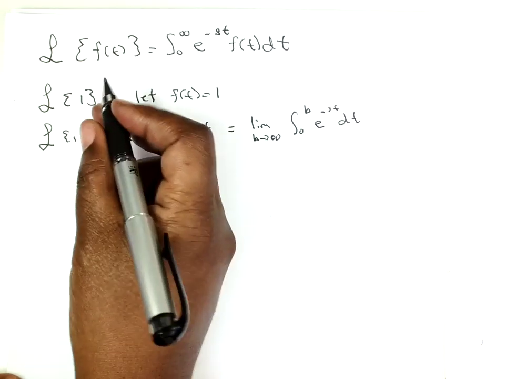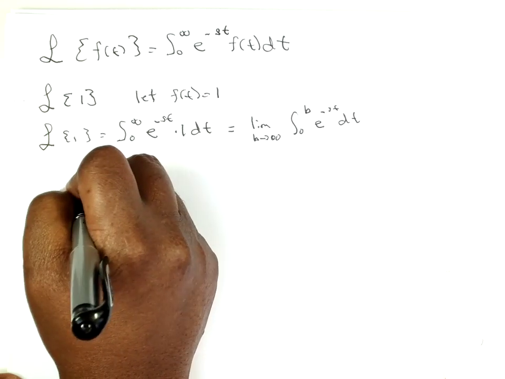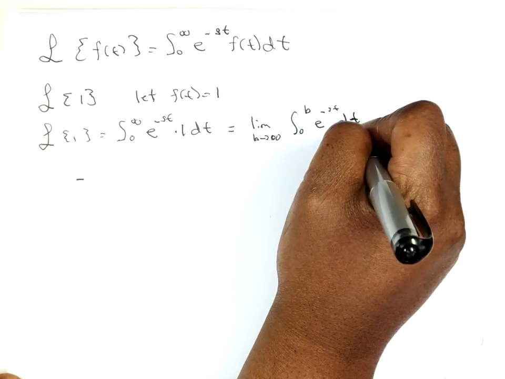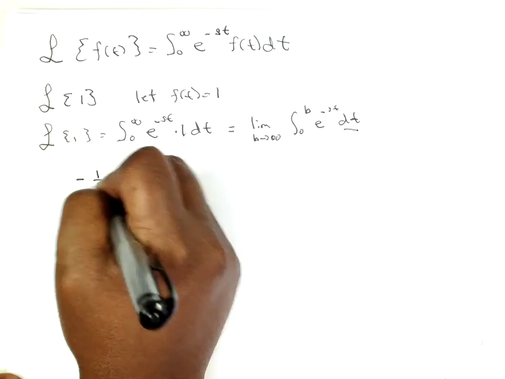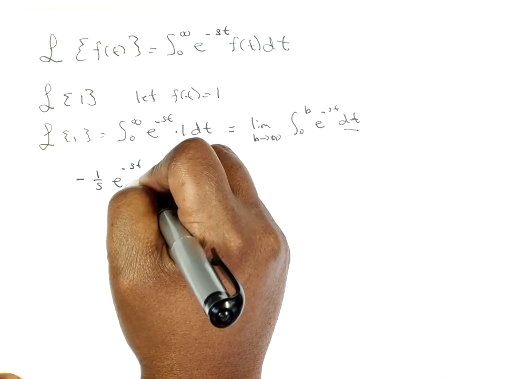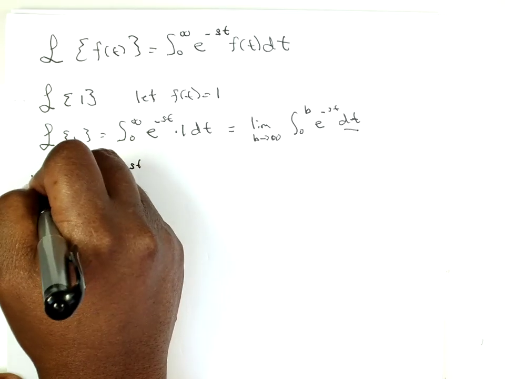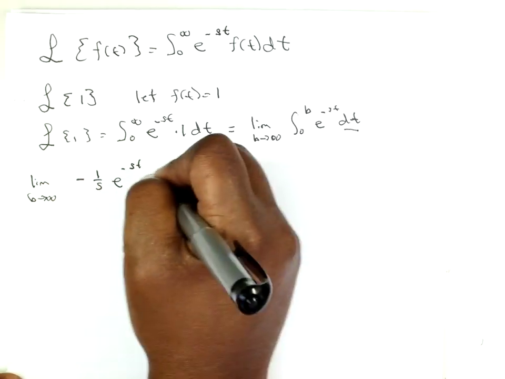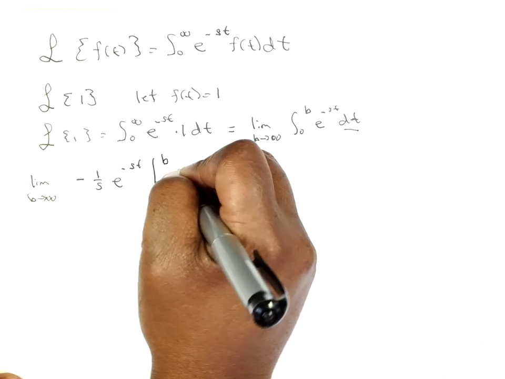So when I integrate that, because I'm with respect to t, I get negative 1 over s, e to the negative st, and that's the limit as b goes to infinity, 0 to b.